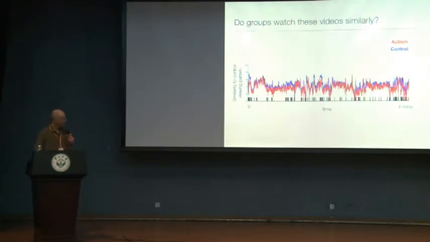So the question that we're really interested in is, even though overall there's a lot of similarity in how people with autism and controls look at a complex social stimulus like this video, there are little points in time, which are these black bars, where there is a statistically significant difference between how people with autism and controls look.